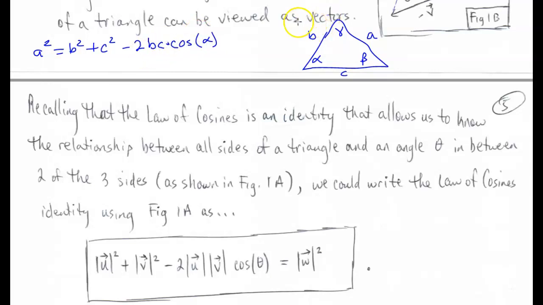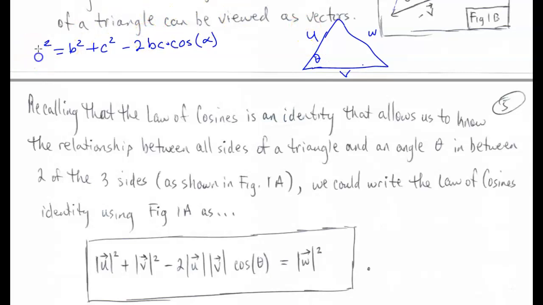And so if I was to rename this triangle to where now this side is W, this is U, this is V, and for simplicity, instead of having alpha there, I have a theta here.